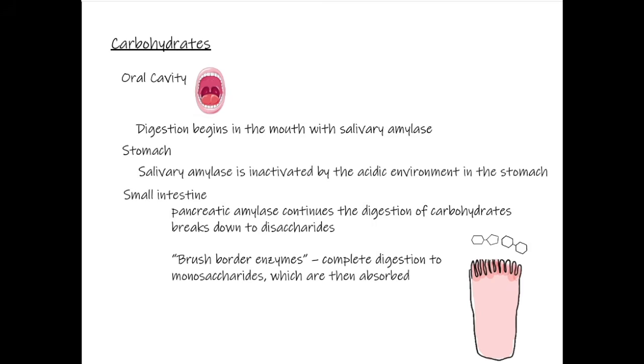Embedded within the brush border are enzymes. These are called brush border enzymes. These enzymes complete carbohydrate digestion by breaking the remaining small carbohydrates, including disaccharides, into monosaccharides. Once these carbohydrates are broken down into monosaccharides, they can cross the apical membrane of the enterocyte and subsequently cross the basolateral membrane to enter the circulation.